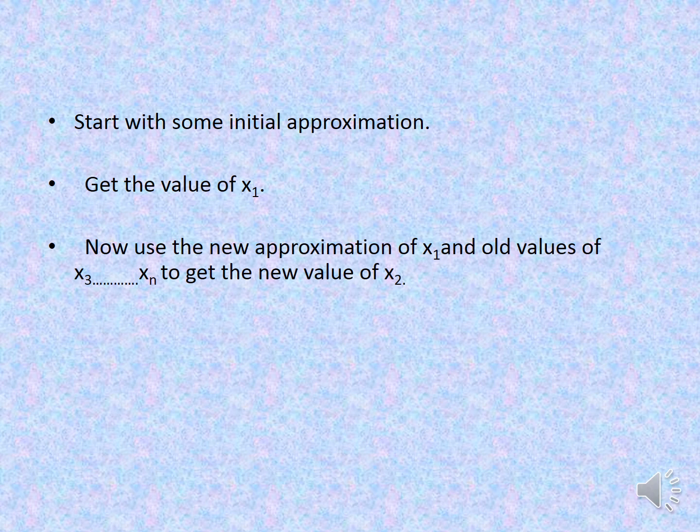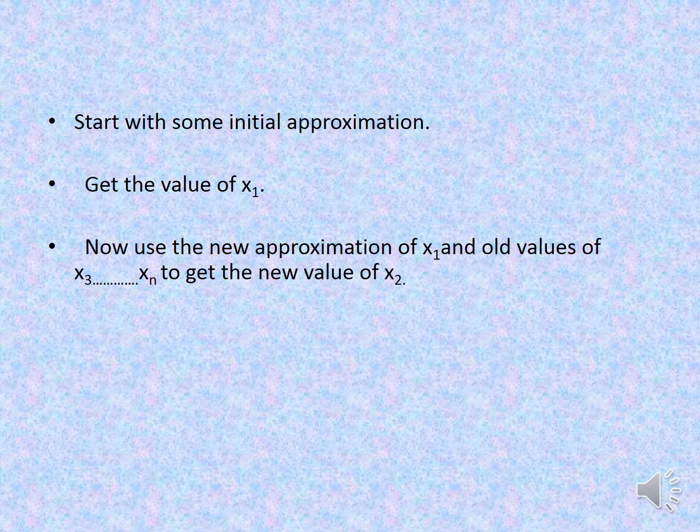So we start with some initial approximation of the solution, and we calculate x1 from the first equation by substituting the values of x2, x3 up to xn, which we have taken in the initial approximation. Then we go to x2, but when we calculate x2 we use the new value of x1, and the rest of the values, that is x3, x4 up to xn, we take as assumed in the initial approximation.